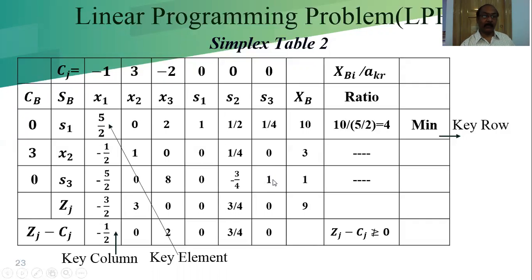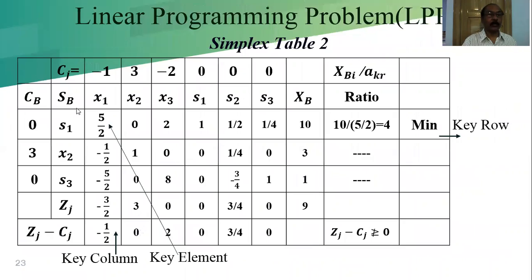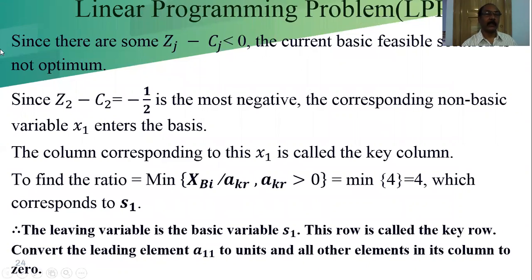table. In the next table, we have to again calculate Zj minus Cj and all the values of this. So in the next table, this will be the 4, and this value will be changed according to applying the formula. This is Z1 minus C1.